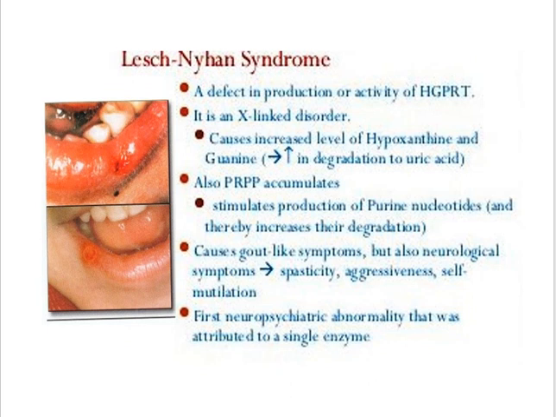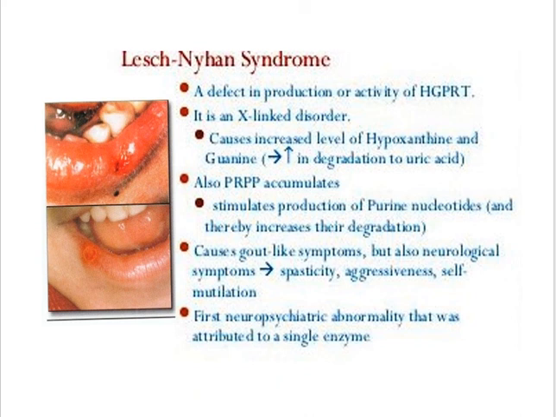Another condition is Lesch-Nyhan syndrome. As we know, Lesch-Nyhan syndrome is due to the deficiency of hypoxanthine guanine phosphoribosyl transferase, which leads to raised levels of hypoxanthine and guanine bases, which undergo degradation and lead to the excessive production of uric acid.